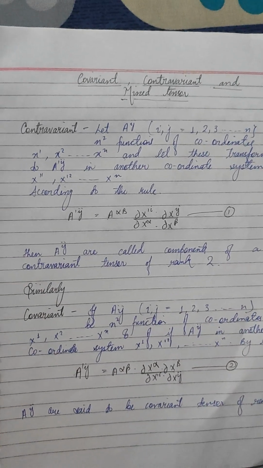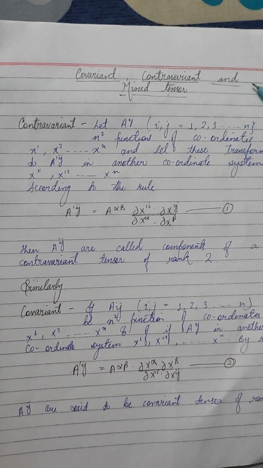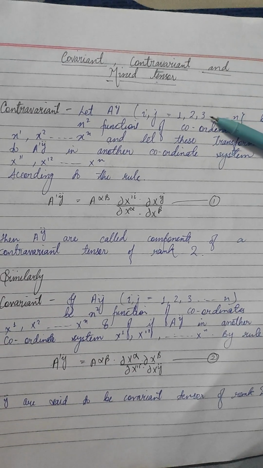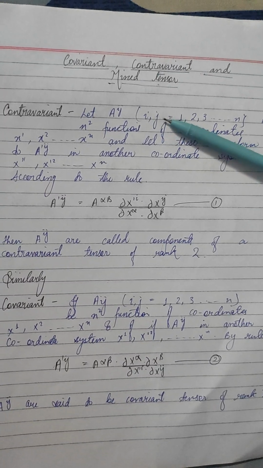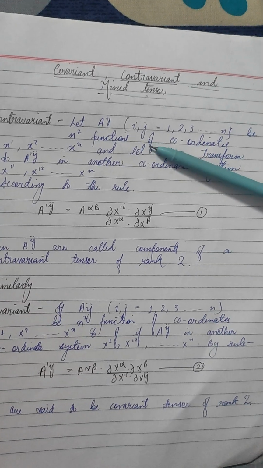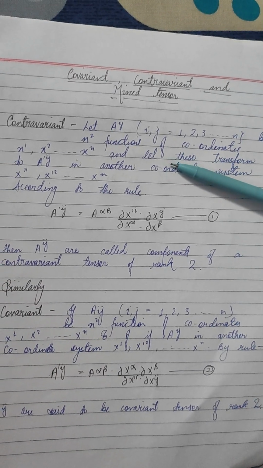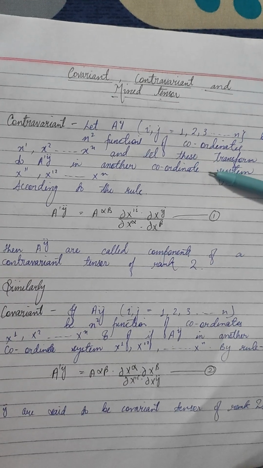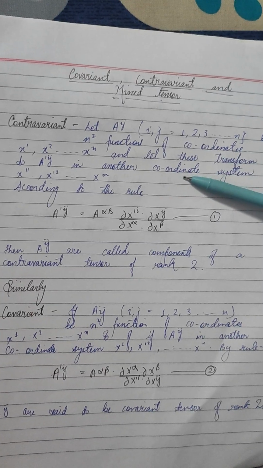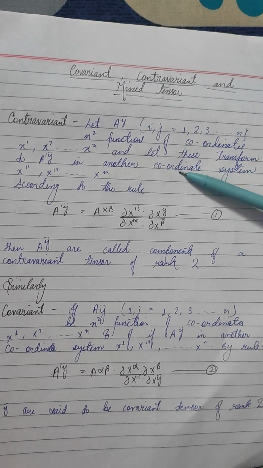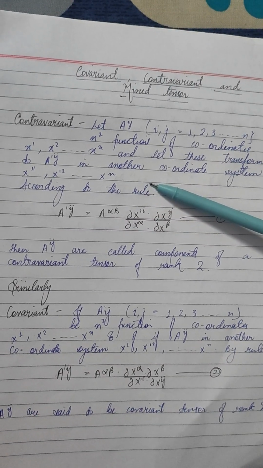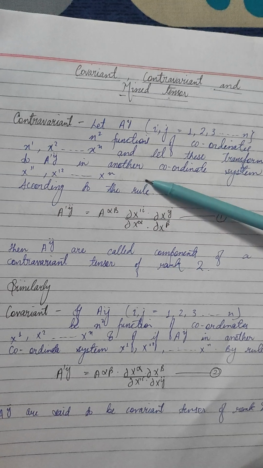Now we will study about covariant, contravariant and mixed tensor. Contravariant: let a^ij, i, j is equal to 1, 2, 3, ..., n be n square functions of coordinates x1, x2, ..., xn, and let these transform to a dash ij in another coordinate system x dash 1, x dash 2, ..., x dash n.